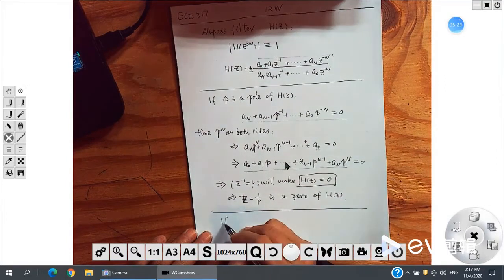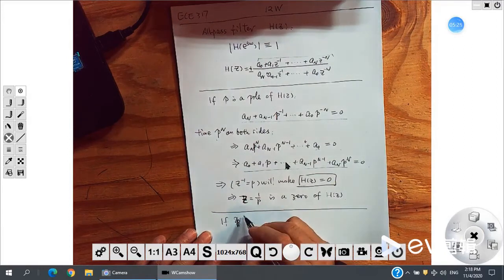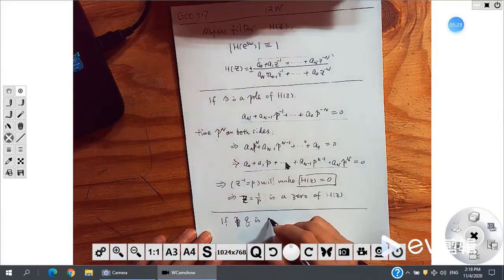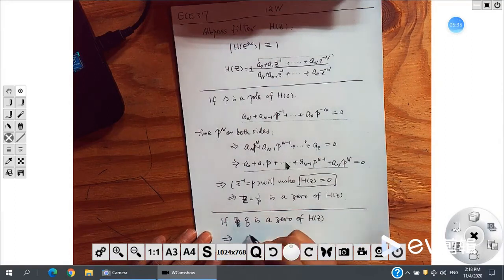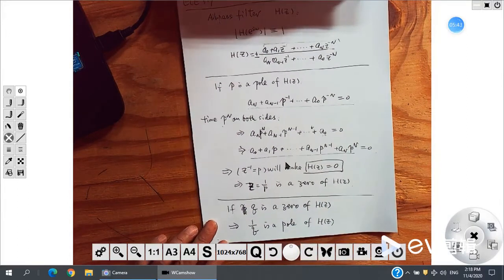And the reverse, we have another thing. P is already used, so I use Q. If Q is a 0 of H of Z, then 1 over Q is a pole of H of Z. These two are kind of symmetrical.